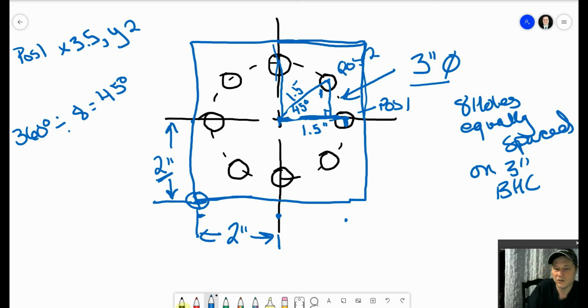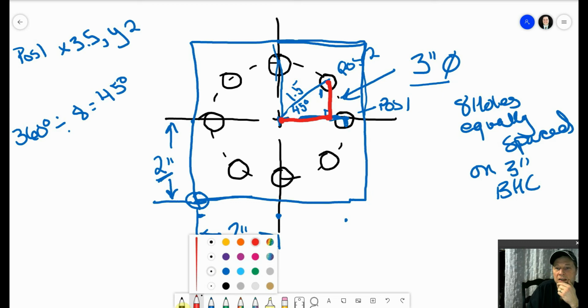So what sides do I need to solve right now? Well, I'm going to just get rid of this for a moment because it's going to be in our way. I need to solve the distance between here and here. And I need to solve the distance between here and here. So let's start with Ryan telling me what side of the triangle this right here is.